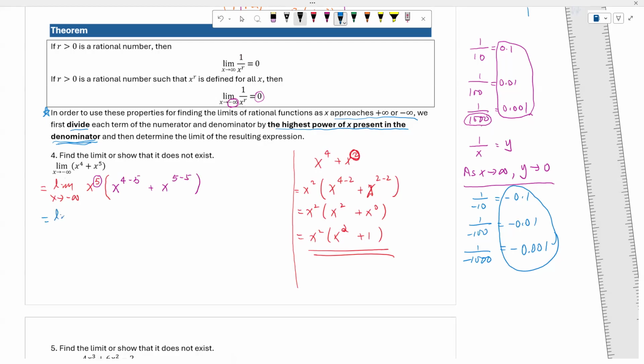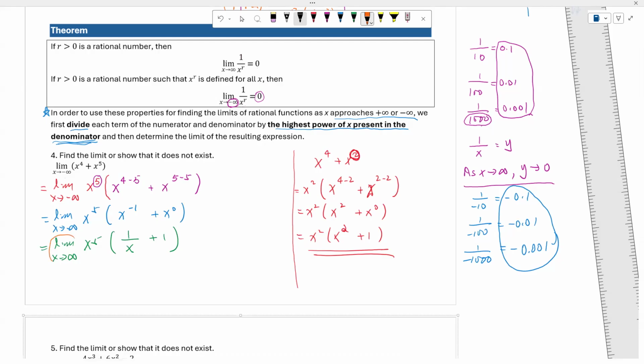Now I will have the limit as x approaches negative infinity of x to the power 5 times x to the negative 1 plus x to the power of 0. That is the limit of x to the power 5 times 1 over x plus 1.